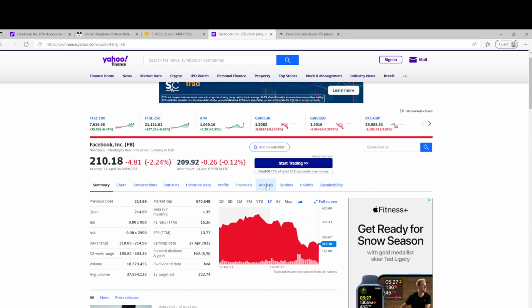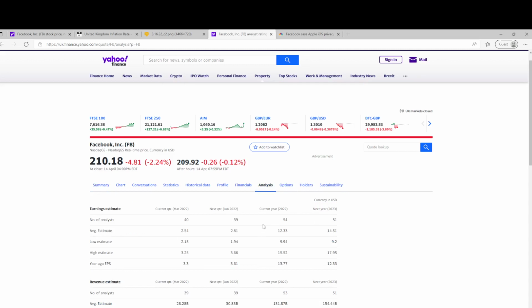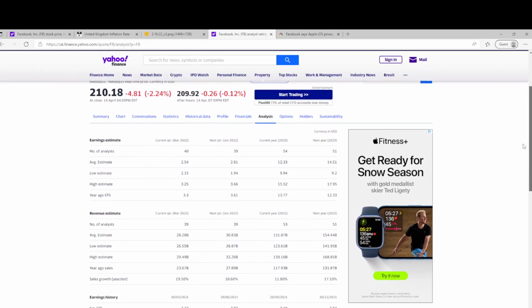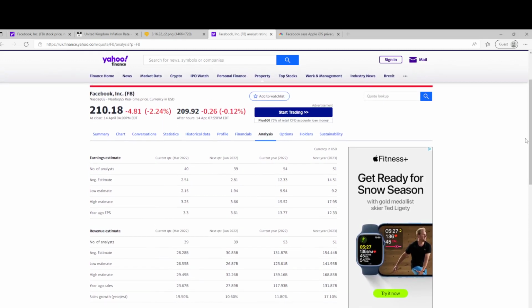But with big stocks like this, you've got 54 different analysts covering this coming year's earnings, 51 for next year. So there's just a little bit more eyes on companies like Facebook. So just a beginner's overview, if you like. Maybe I'll update this and do a little bit more later on.